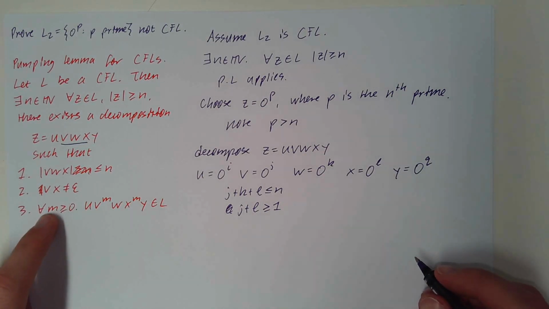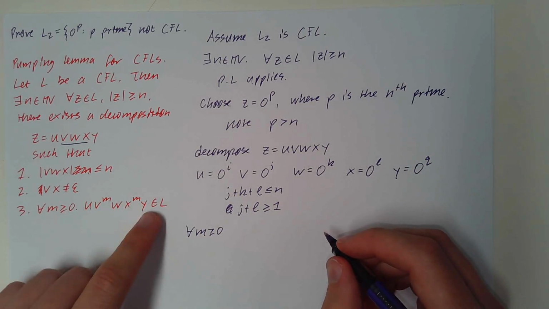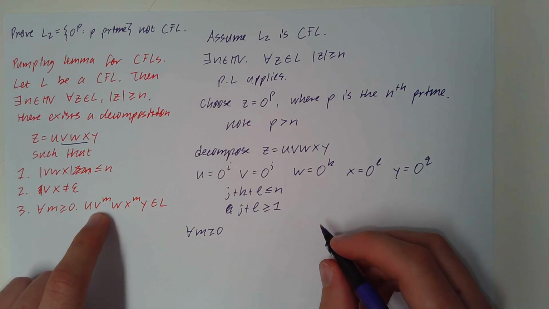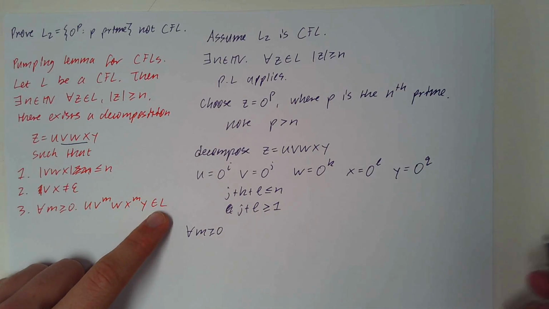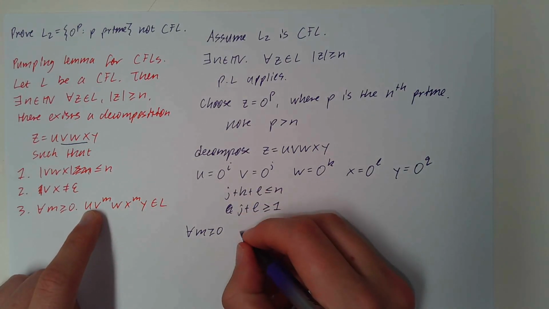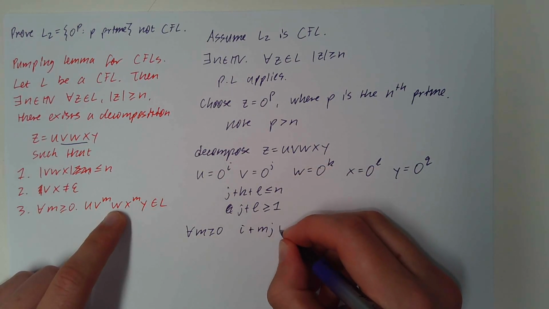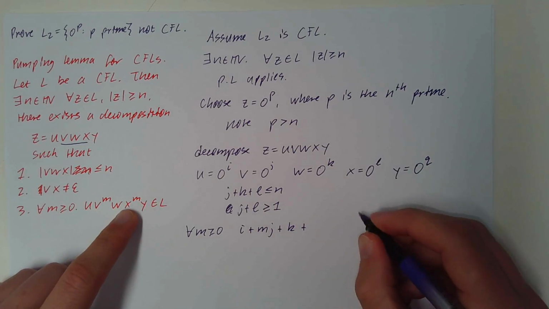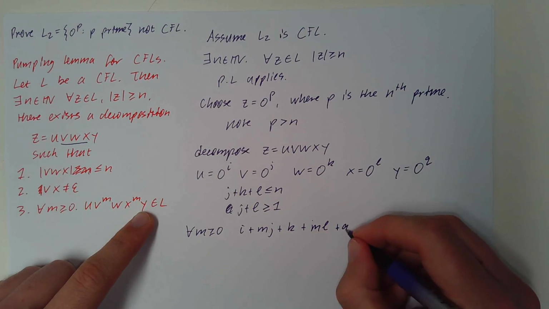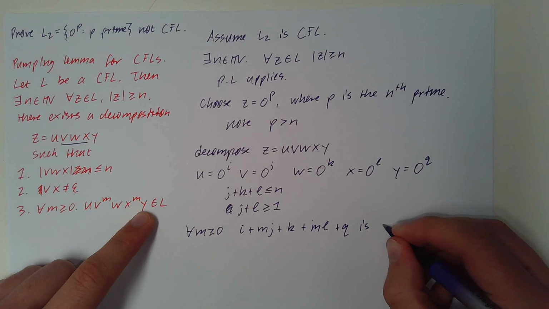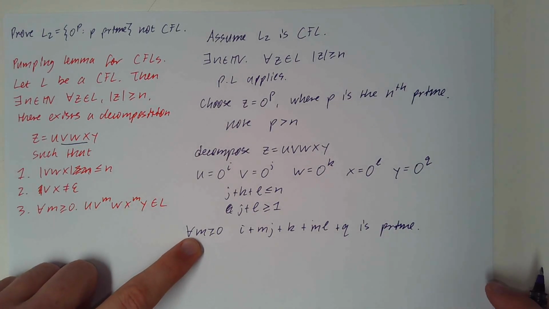It tells us for any m greater than 0, this string here is still in the language. And what kind of strings are in the language? Strings of zeros of prime length. So it tells us i plus m many lots of j plus k plus m many lots of l plus q is prime. And this is true for every m.